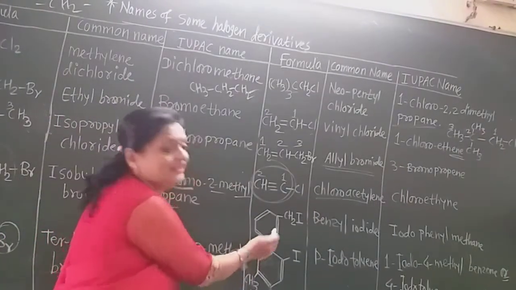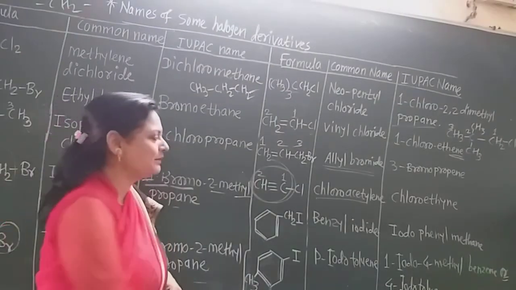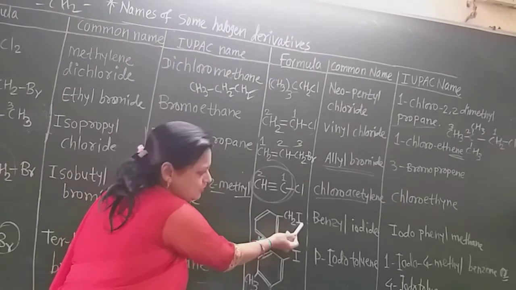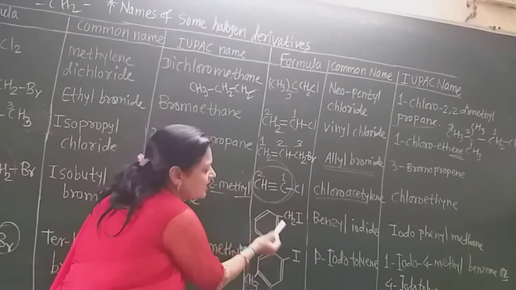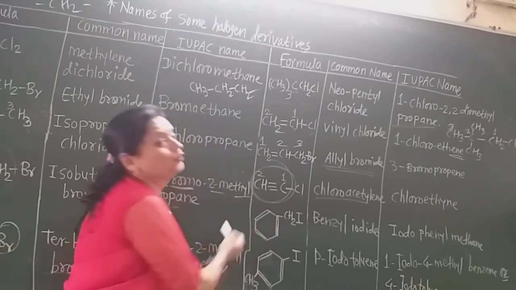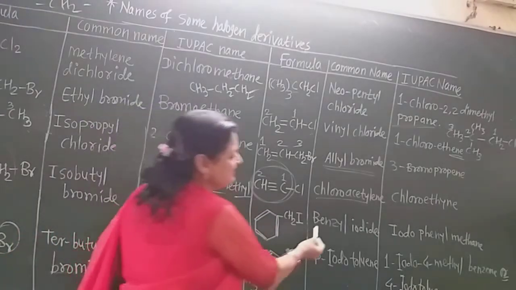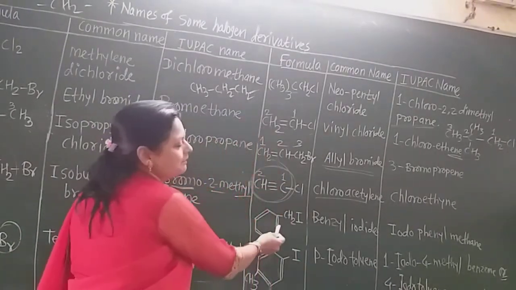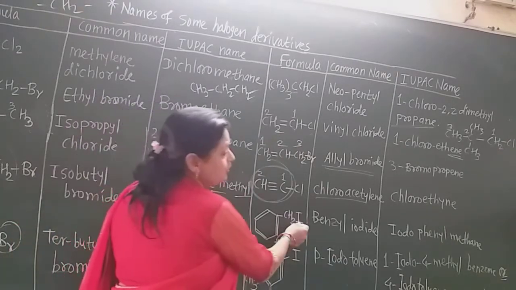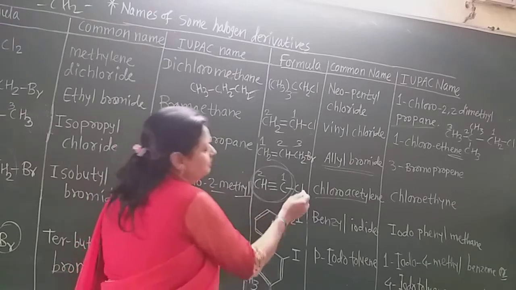Now next, here we learn, as in the last chapter, benzyl iodides. Here the halogen is attached to a carbon which is sp3, and to that there is the phenyl grouping. That is the benzyl halide, and this is the benzyl iodide, and the name of this compound is iodophenyl methane.